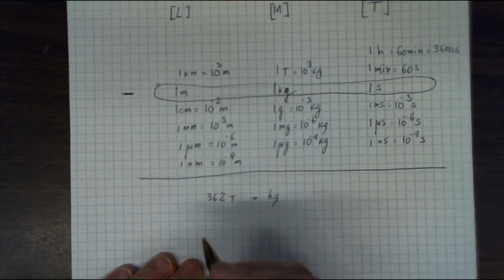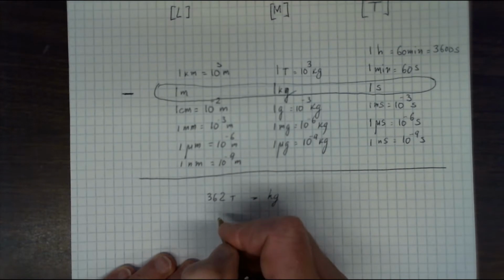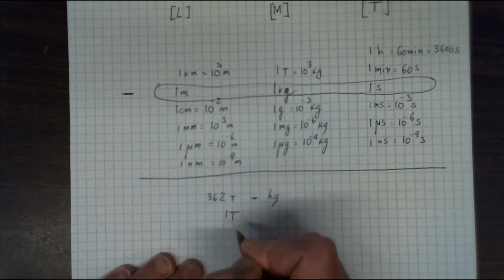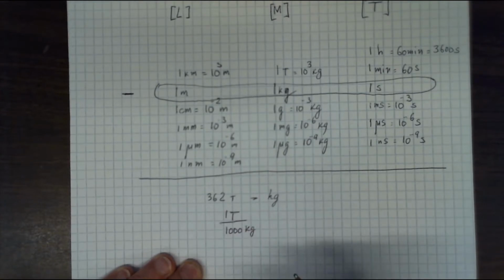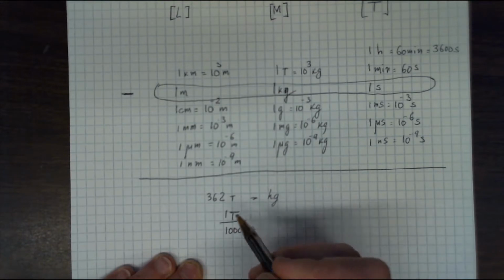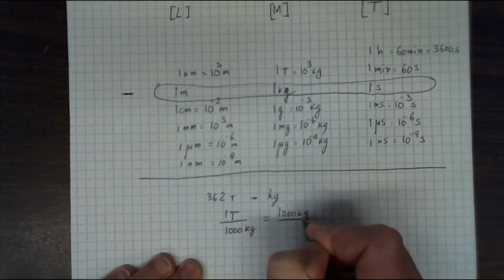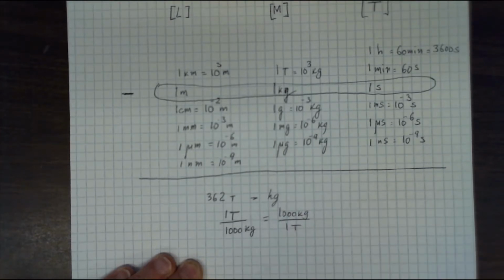So we will always use, for example, 1 ton over 1000 kilograms, which is nothing but 1. Or we can rewrite it as 1000 kilograms over 1 ton.